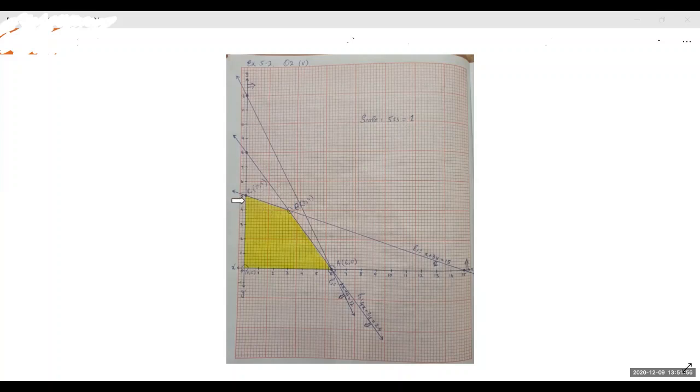This is the first line L1, x plus 3y equals 15, and the solution region is downward because the origin lies in the solution region. This is the second line L2, 2x plus y equals 12, and the solution region is on this side because the origin lies in the solution region. And this is the third line L3, 4x plus 3y equals 24, and the solution region is on this side because the origin lies in the solution region.